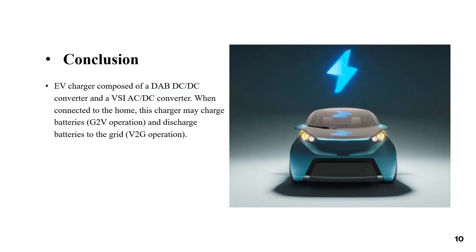This study presents the design, analysis and modeling of a bidirectional EV charger composed of a DC to DC converter and an AC to DC converter. When connected to the home, this charger may charge batteries in G2V operation and discharge batteries to the grid in V2G operation.